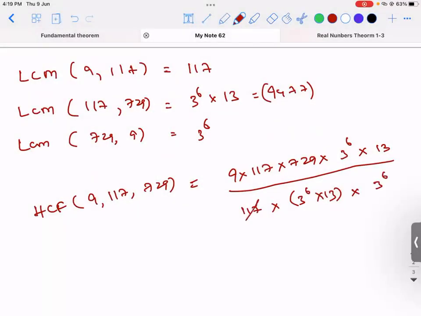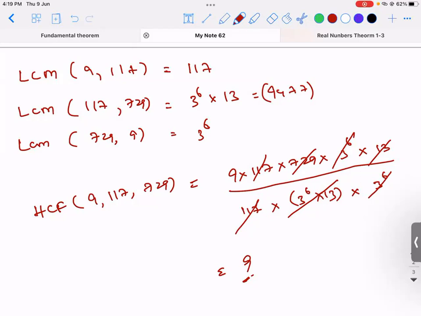See, beautifully they will get cancelled. 117, 117, gone, gone, gone, gone. So it will be left with 9. Right? So this is how it works. So this formula is right. We have verified it, right? Similarly, you can do it for other problems as part of homework.